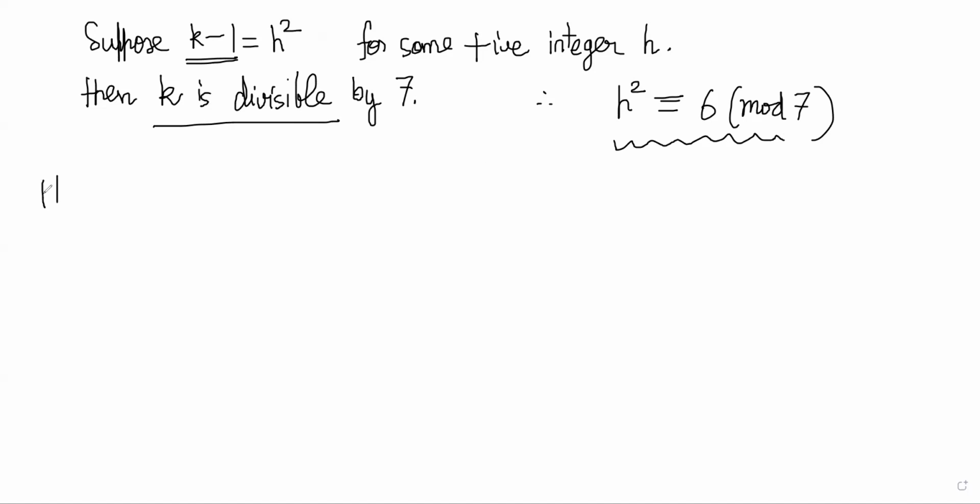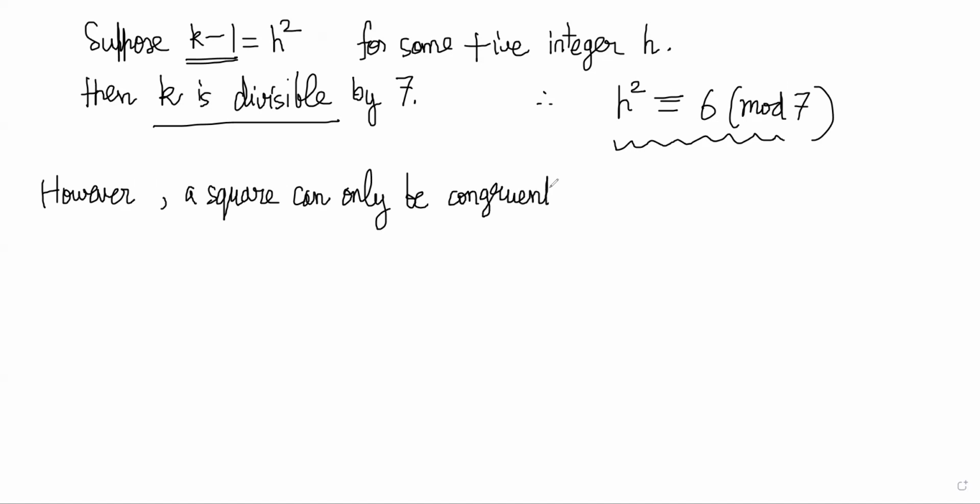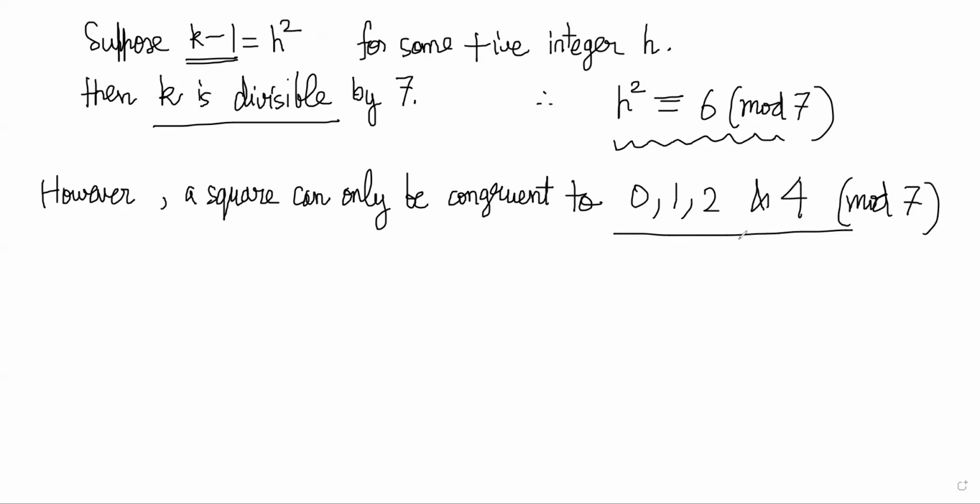However, a square can only be congruent to 0, 1, 2, and 4 mod 7. This is a property of squares.